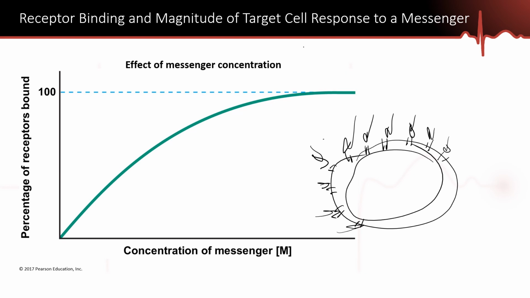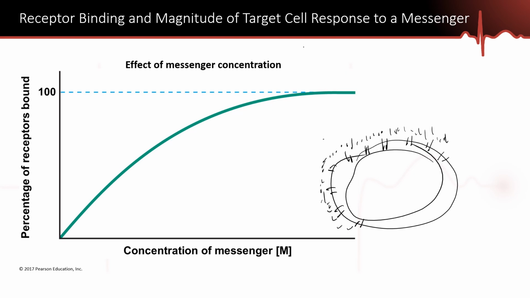What's going to influence how many of these neurotransmitters are actually bound to these receptors? And of course, it's the concentration of neurotransmitter that's in the interstitial fluid, at least in the case of these amino acid-based neurotransmitters. How many of them, concentration-wise, are located in the interstitial fluid around the target cell?